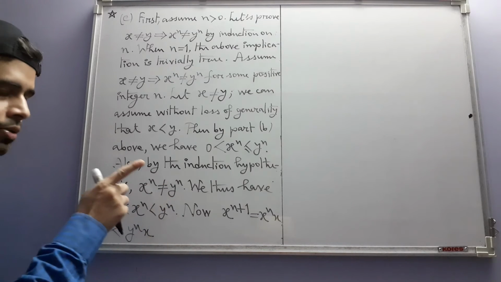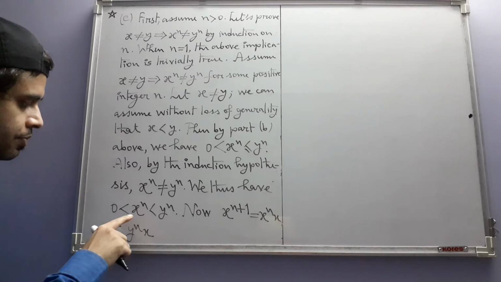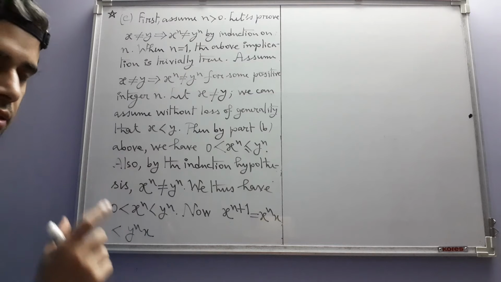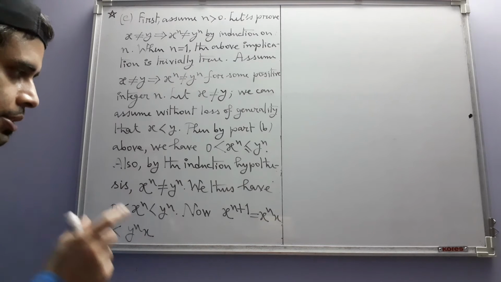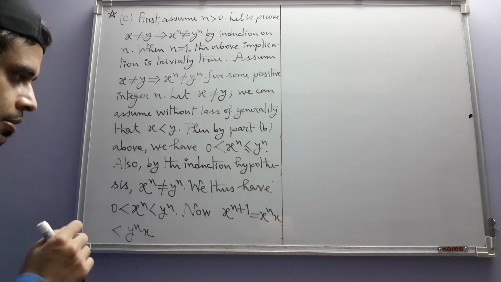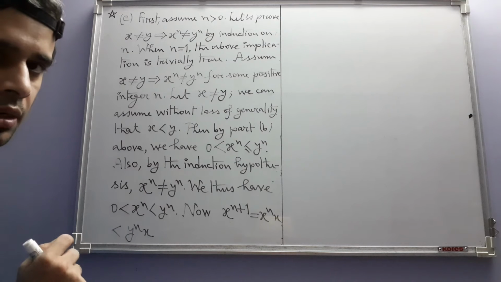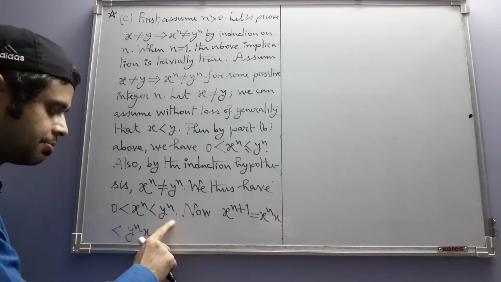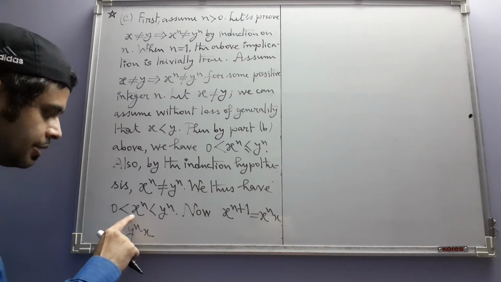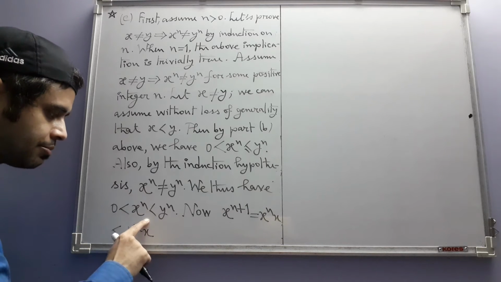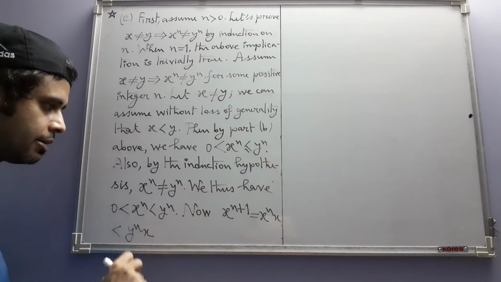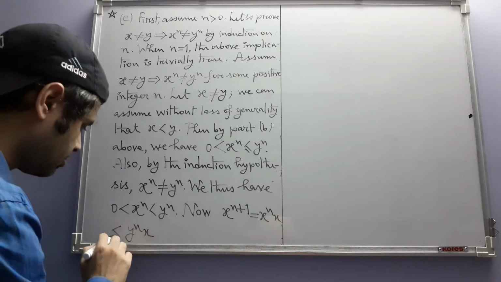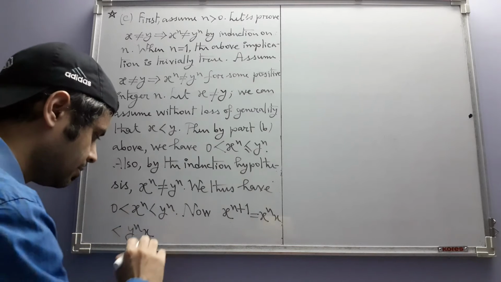Since x is a positive rational number, by the property which says that multiplication by a positive rational number preserves inequality, we can multiply both sides by x, thus giving us x to the power n times x less than y to the power n times x, because x and y are both positive rational numbers. So this inequality is justified.